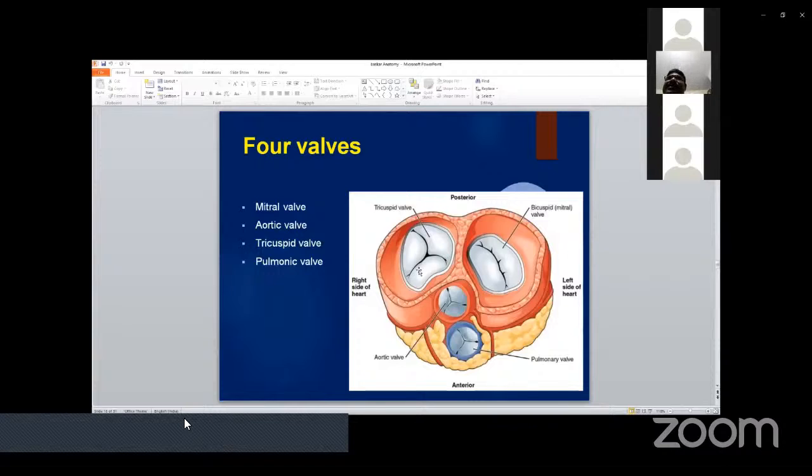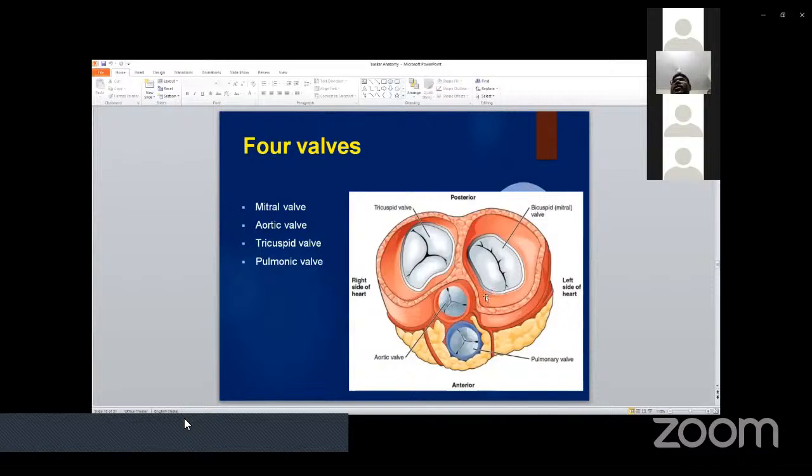That is the pulmonic valve, located between the right ventricle and lungs. Then the mitral valve is located in between the left ventricle and left atrium.